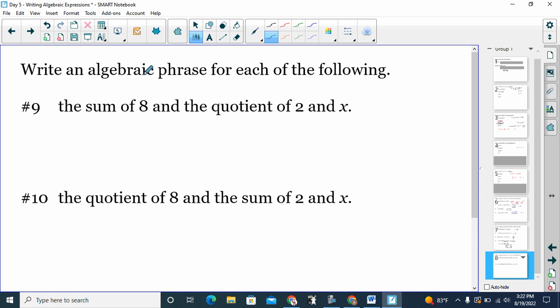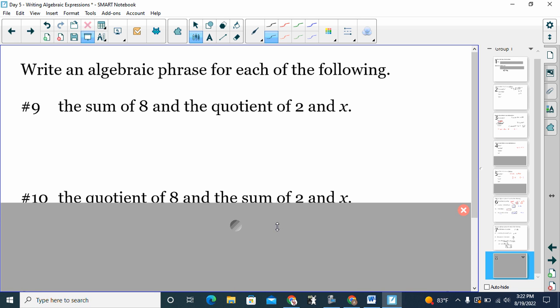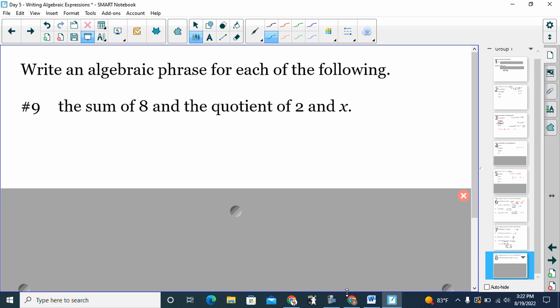Two more. Number 9 says the sum of 8 and the quotient of 2 and x. Again, let's start with the quotient of 2 and x. Quotient tells us to divide. We're just going in the order that's given.